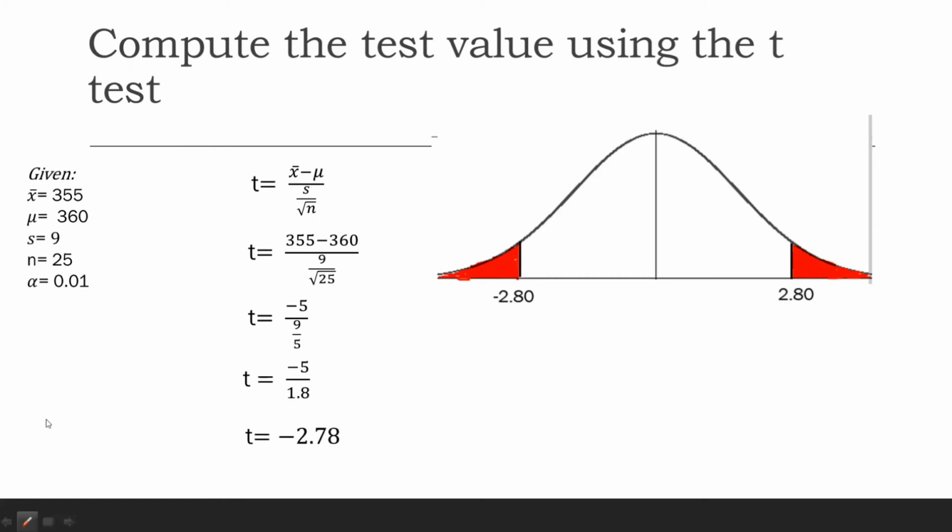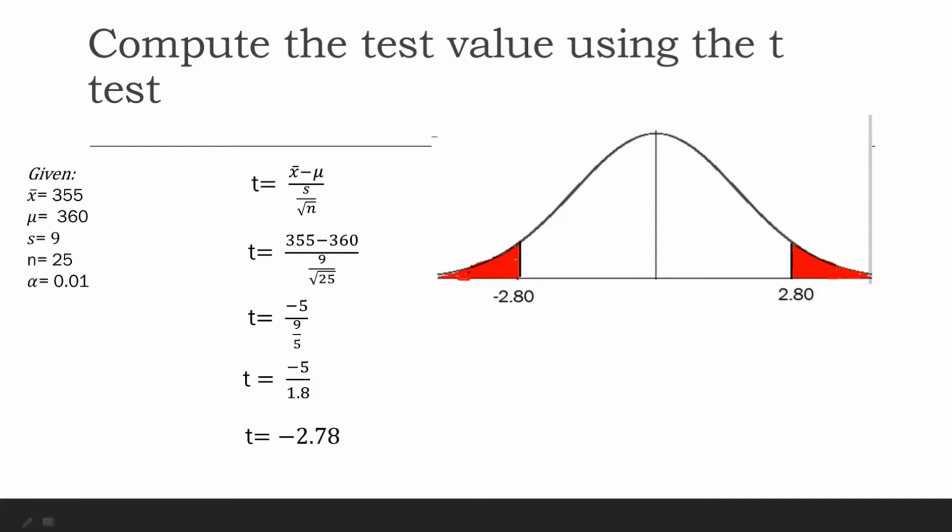So let's put the test value to our normal curve. So if you can see, 2.78 yung ating test value. And the critical value is 2.8. Kung makikita nyo, ang difference nila is 0.02. So that's why we need to be careful in finding the critical value in the table that we are using.